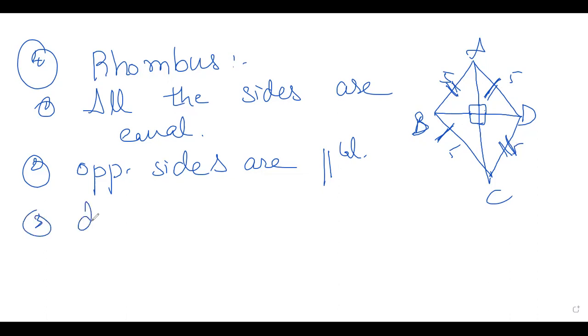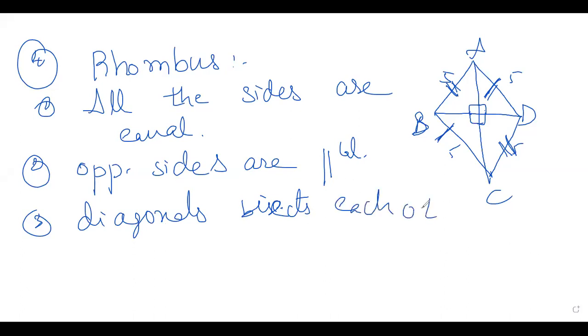And diagonals bisect each other at 90 degrees, means right angles.